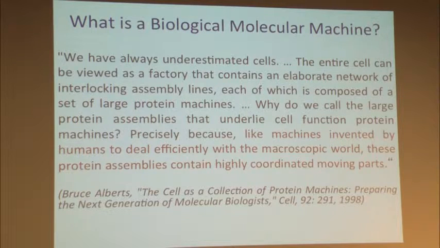He answered, precisely because, like machines invented by humans to deal efficiently with the macroscopic world, these protein assemblies contain highly coordinated moving parts. That means it's more than one type of protein. There will be multiple proteins and multiple molecules. They have to be coordinated well enough, just like a man-made machine, to make it function. That's why Bruce Alberts introduced the term molecular machines.